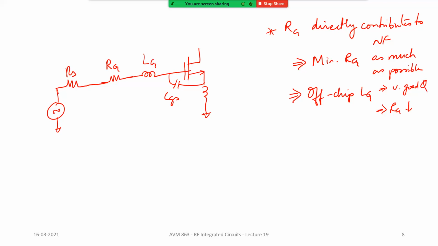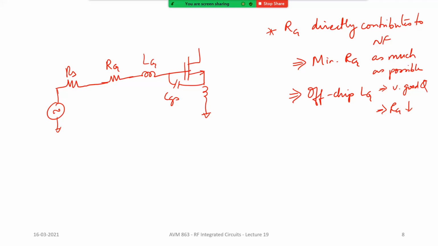But usually, you do end up with at least one or two off-chip components. People try their level best to avoid all these off-chip components as much as possible, but they're not always successful. Okay, so you end up with some LG.